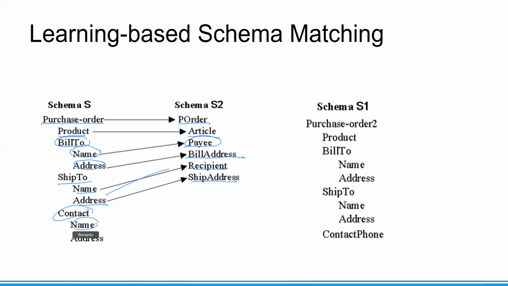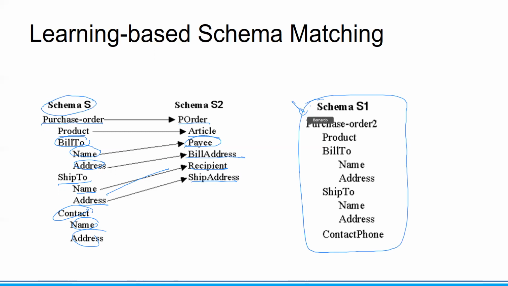Contact name and address have no significant relationship between the two. Then the integration can be just the bigger one, which is schema S1, and we can create the purchase order and integrate all those data into this schema S1. So that's one possible way.